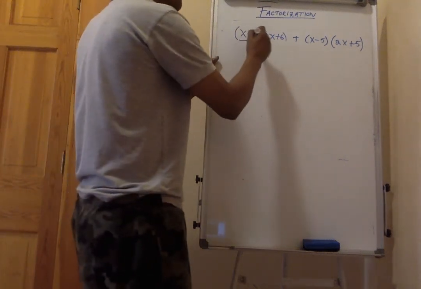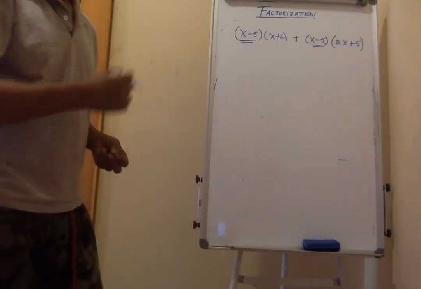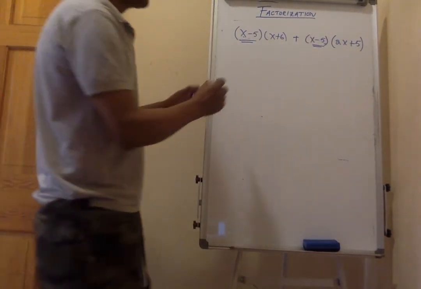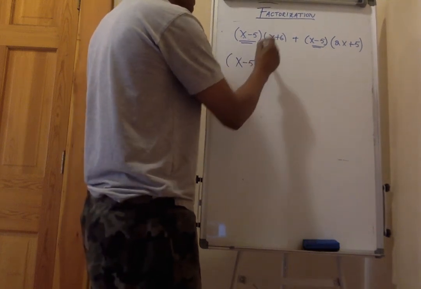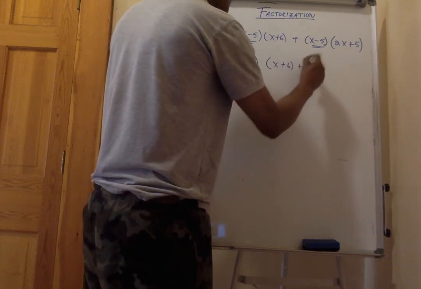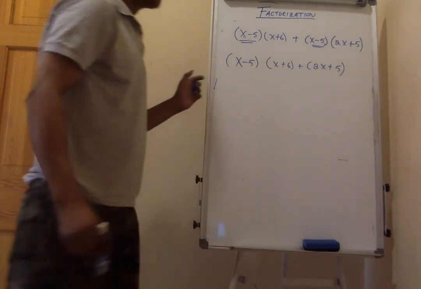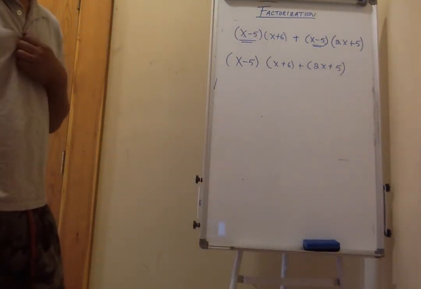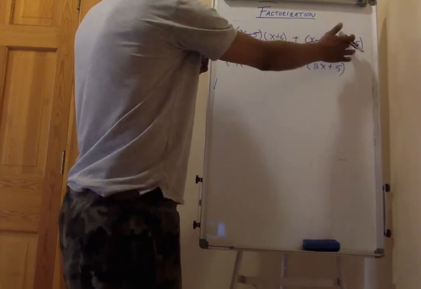The greatest common factor is x minus 5, because x minus 5 is popping out in both expressions. So x minus 5 is your common factor. But what is left? x plus 6 plus 2x plus 5. Once you take x minus 5 out of both, you can see it clearly.